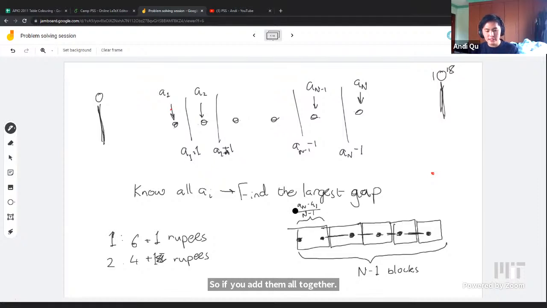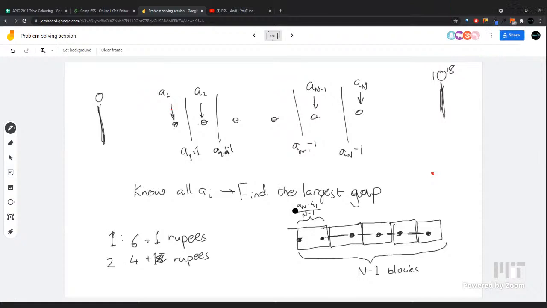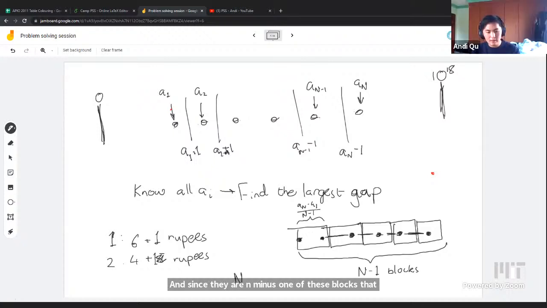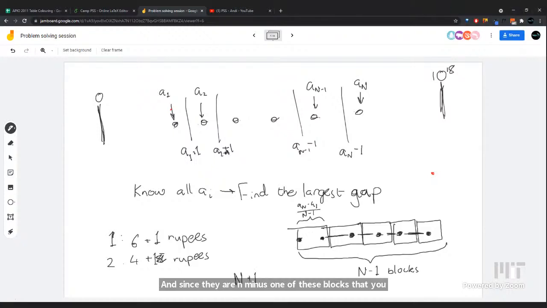But also for each query, you pay an additional 1 rupee. And since there are n minus 1 of these blocks that you query, you pay n minus 1. Are you claiming that within 300 rupees I can determine everything, A1 through AN? You can't determine everything, but you don't need to.